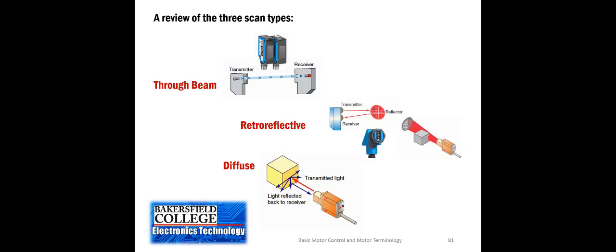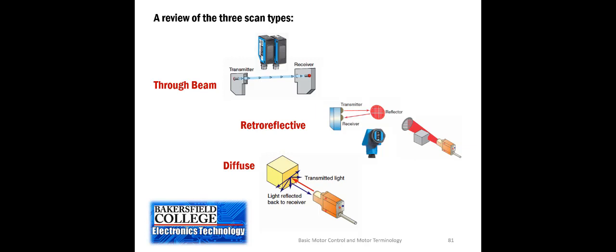So here is a review of the three types. Through beam has the transmitter and receiver on opposite ends. The beam is broken. That shows that the object is there. Retroreflective has the transmitter and receiver on the same side, and a reflector or reflective tape allows the light to bounce back.